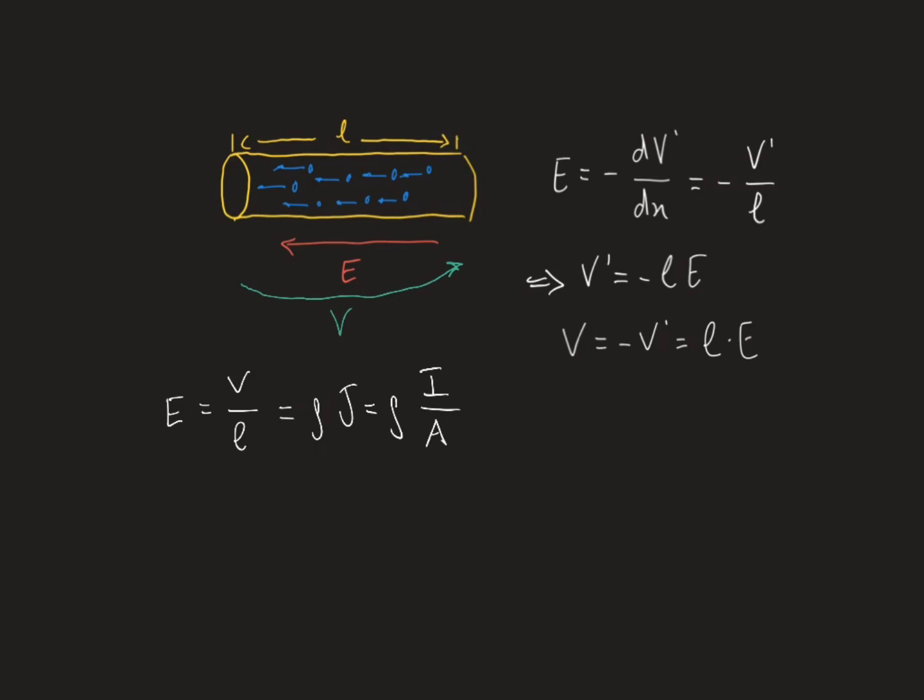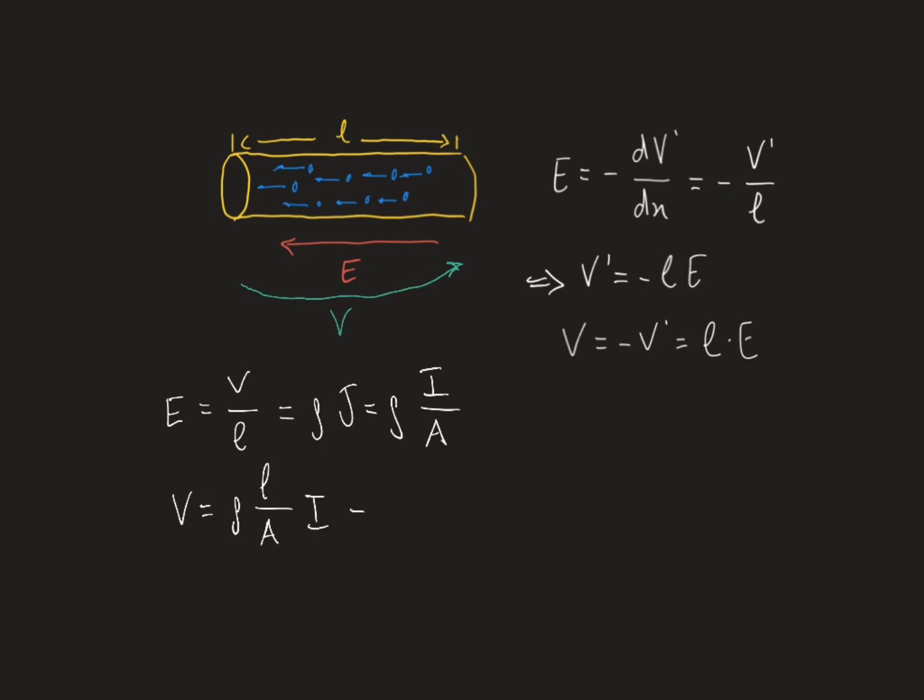From this last equation, we can now get the voltage V as the resistivity times the length of the wire divided by the area of the section of the wire times the current. This is the form of Ohm's law as we first stated it.